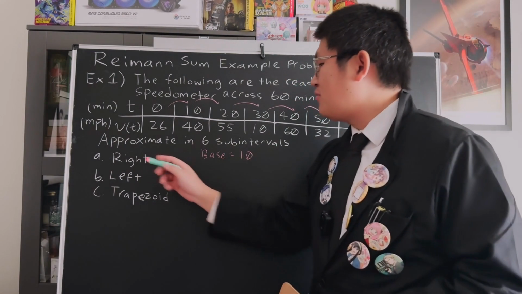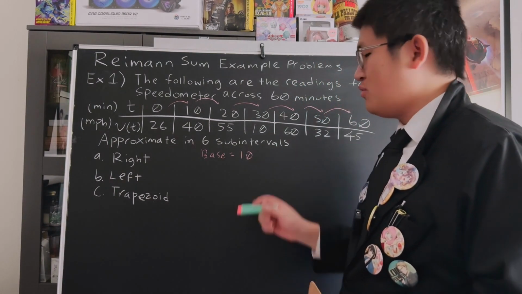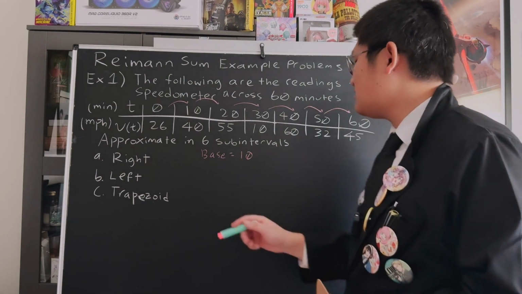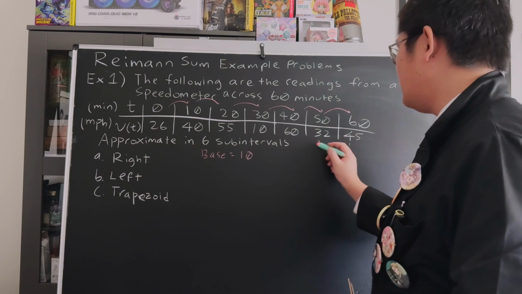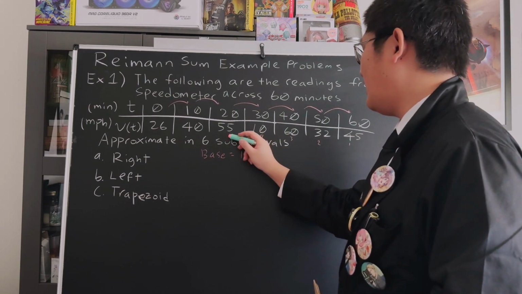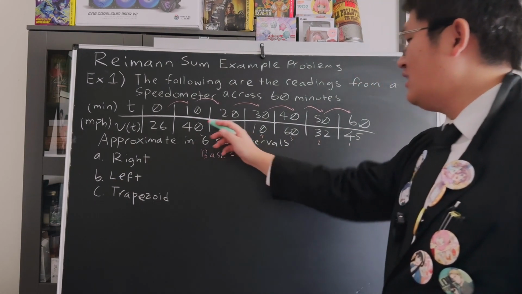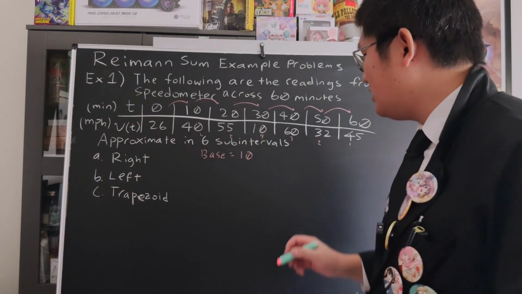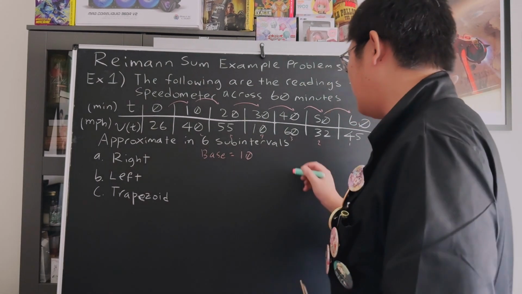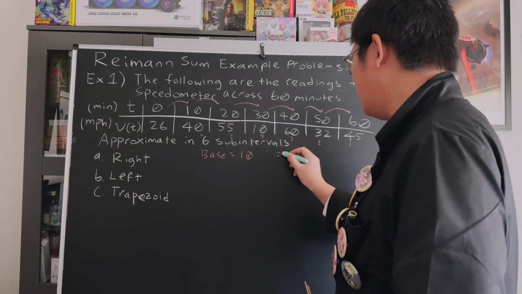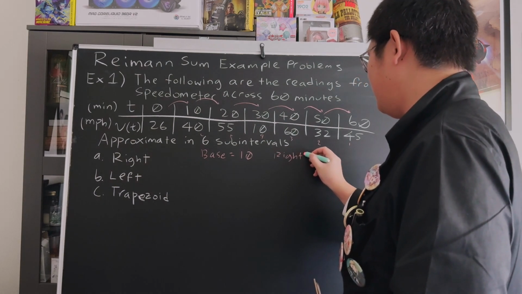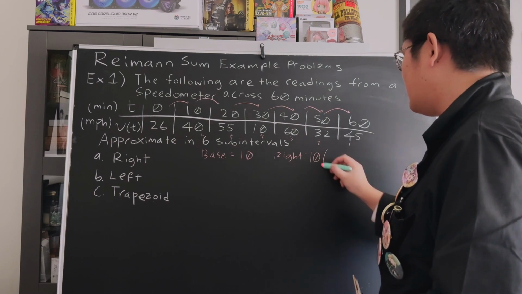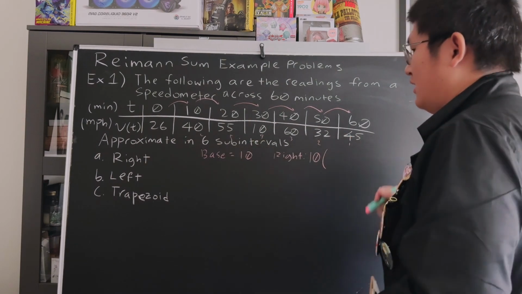With the right sub-intervals, or the right forming of the summation, we choose only the 6 right sides: 1, 2, 3, 4, 5, and 6, going across the different sub-intervals. With the right-side approximation, we have 10 as the base going across for all of these.